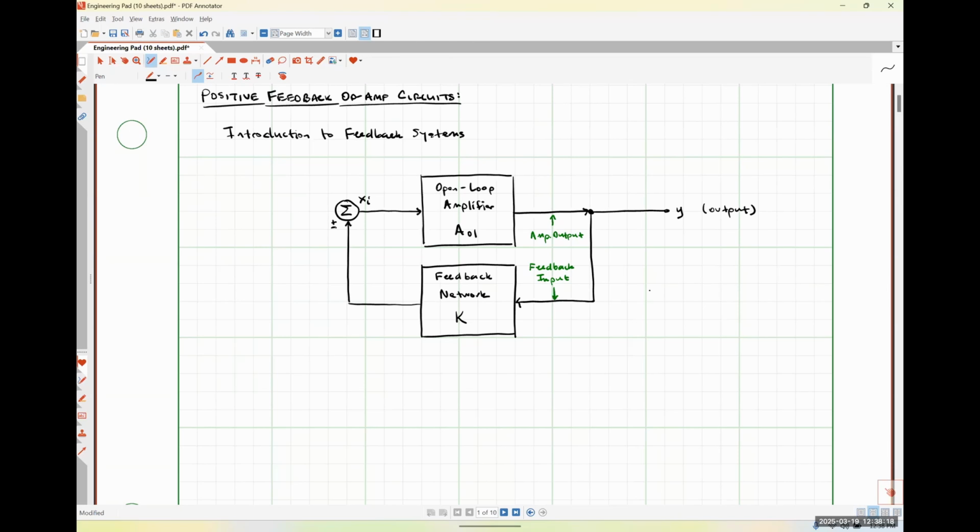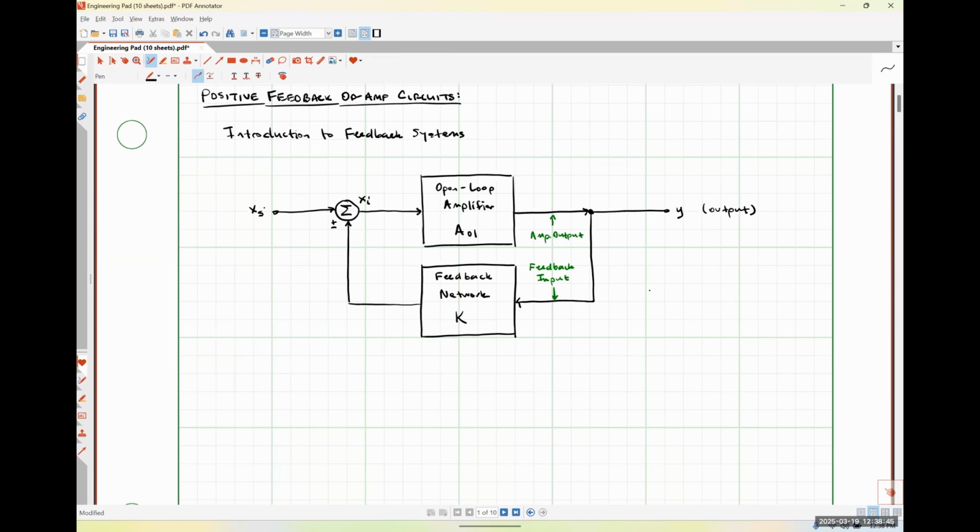And the sign on that, the plus or the minus, is going to correspond to either positive feedback with a plus sign or negative feedback with a minus sign generically. And over here on the far left-hand side is where I'm going to have my true input signal that I'm going to call X sub S.